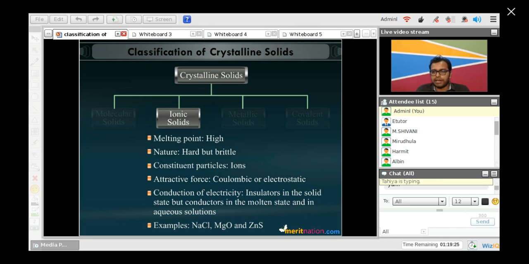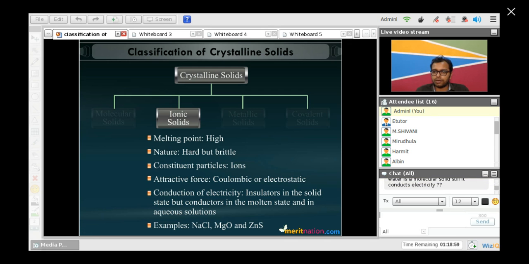If you dissolve the ionic solid into water, it also gets broken into cation and anion. So in an aqueous solution also, we have ions acting as charge carriers, so that is also conducting in nature.